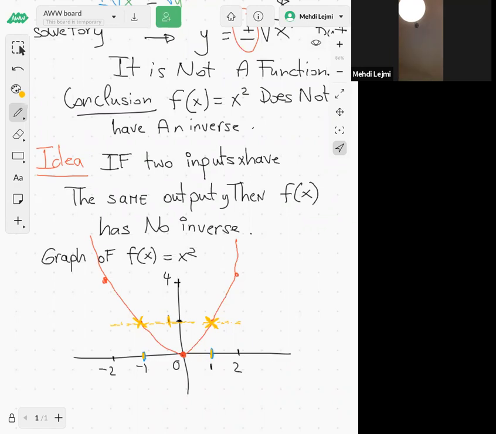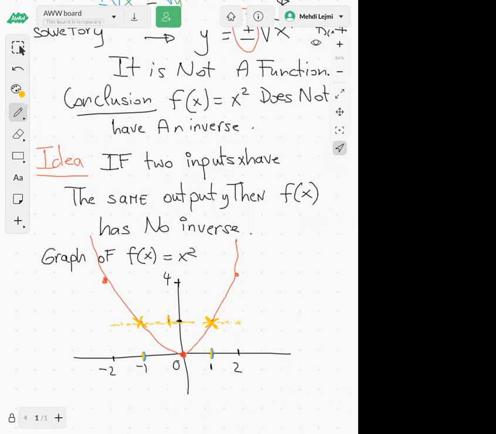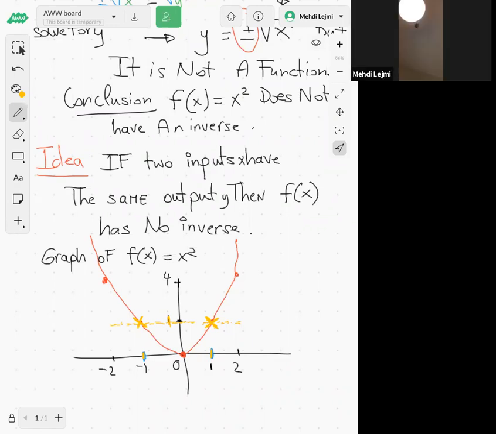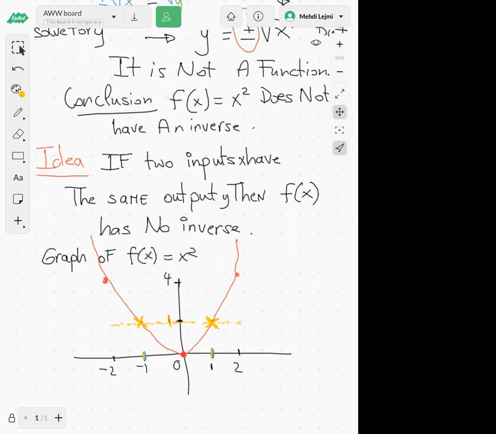So it's not that there's no actual value; it's that since there are two inputs for the same output, you say it doesn't have an inverse? Yes. Actually, that's the idea here.